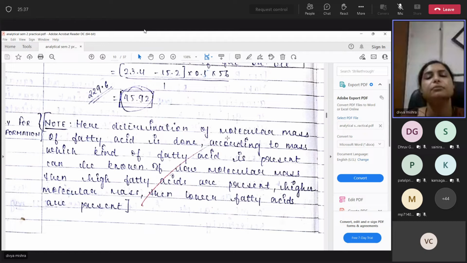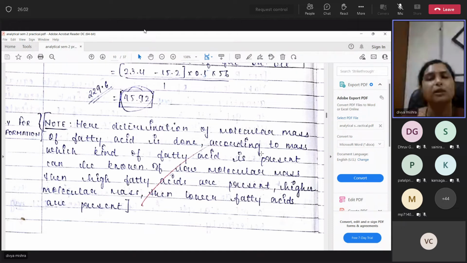determines the molecular mass of the fatty acid which is present in your sample. According to the mass, we are subtracting the unused amount from the blank. It means we are calculating how much alkali is utilized for saponification. So it directly indicates the molecular mass of the fatty acid.